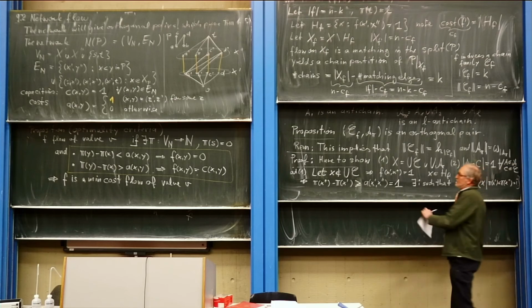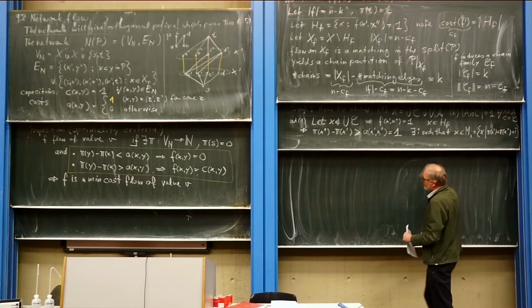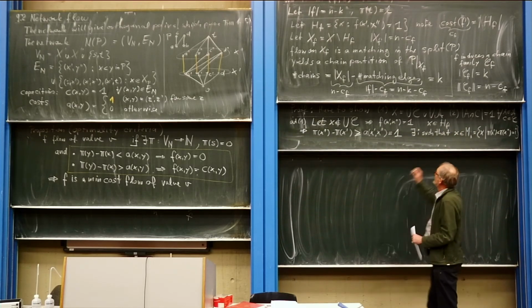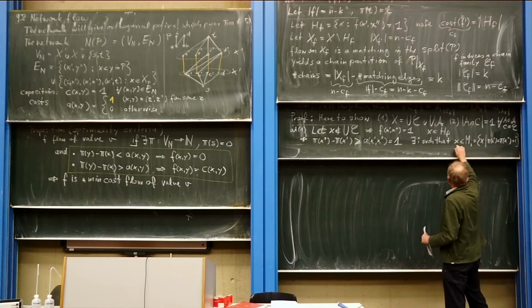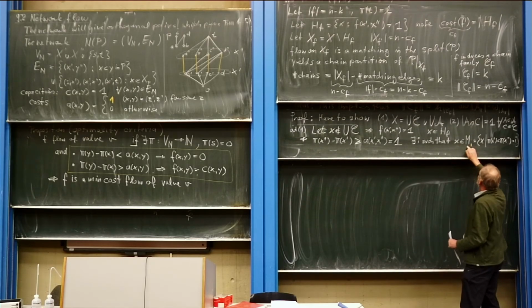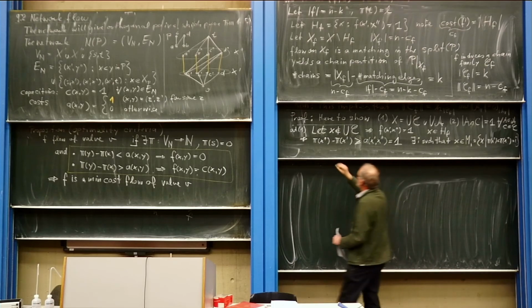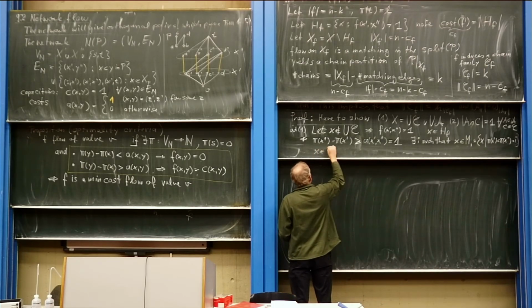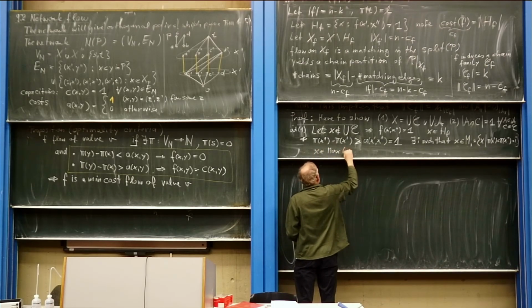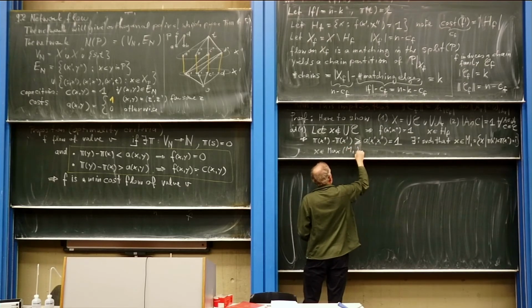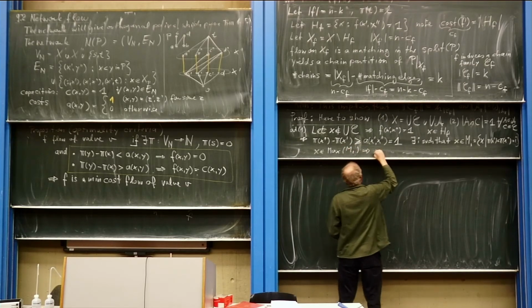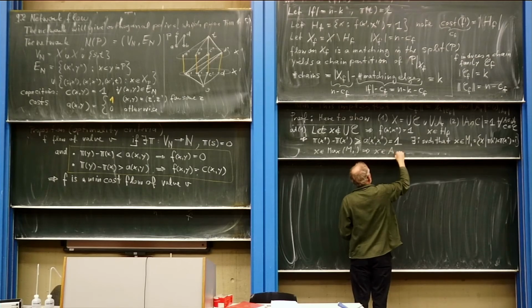Now if x is in the maxima of Mi, this implies that x is in Ai, and we are done.